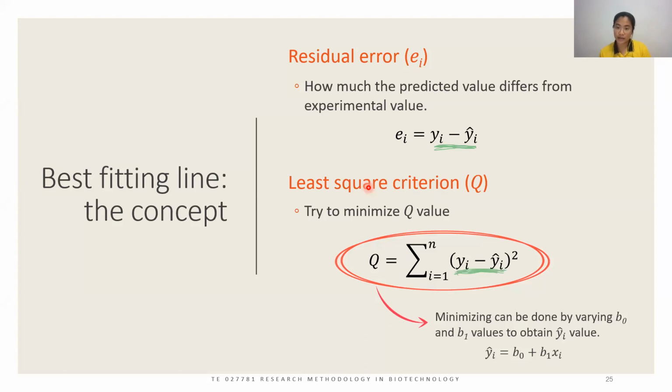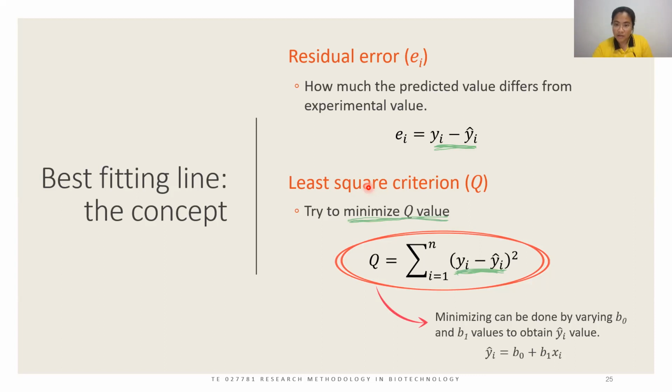The least square criteria says that for each data point you get a residual error, and when you square the residual errors and then add all of them together, whichever equation gives you the lowest Q, the minimum Q, is the better fitted one.